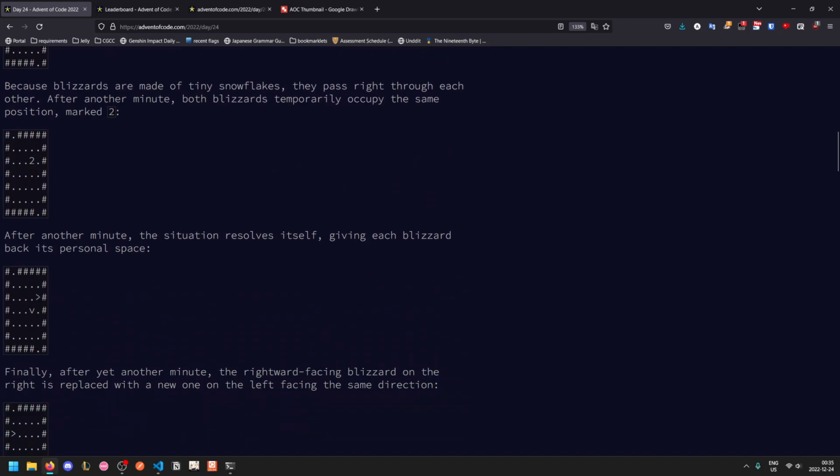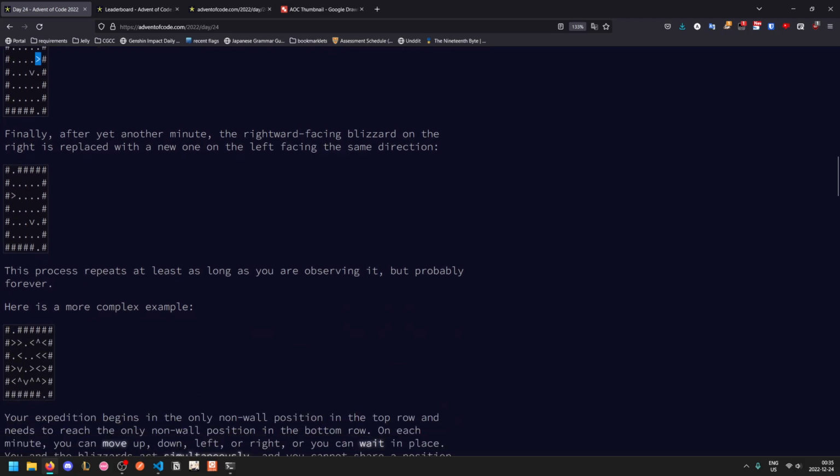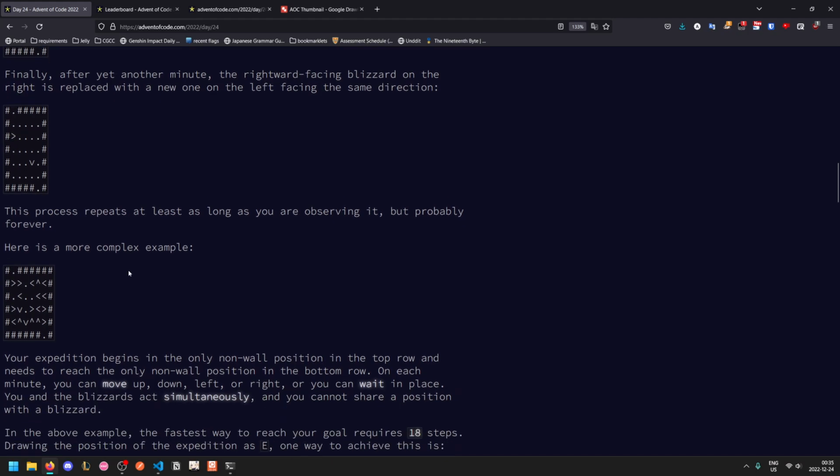And after 1 more minute, they'll pass through each other and end up in different positions again. So there's no collision mechanism, the blizzards just phase right through each other. And after 1 more minute, of course, this rightward going blizzard will wrap around again. The process repeats seemingly forever, and so the board state basically just keeps cycling.